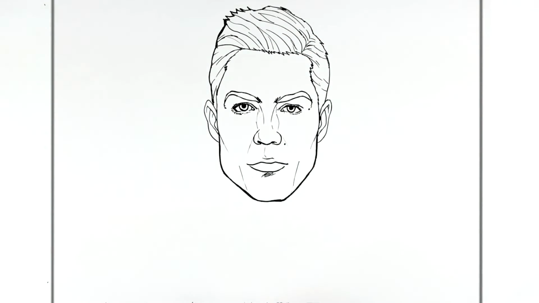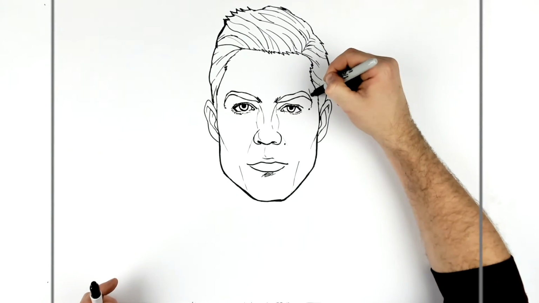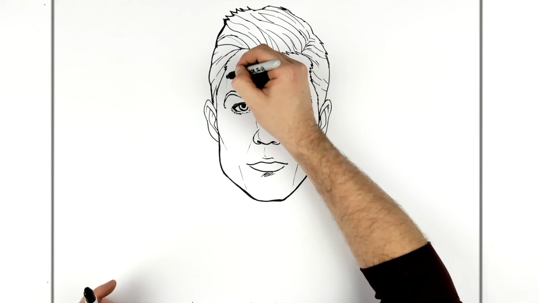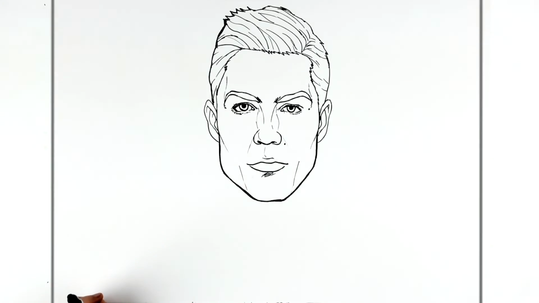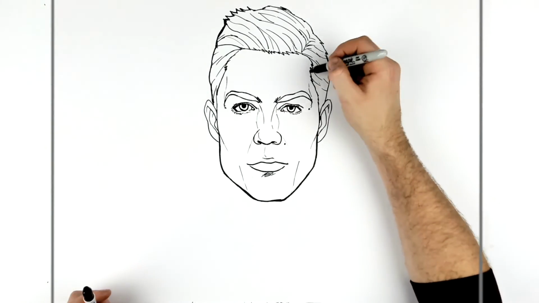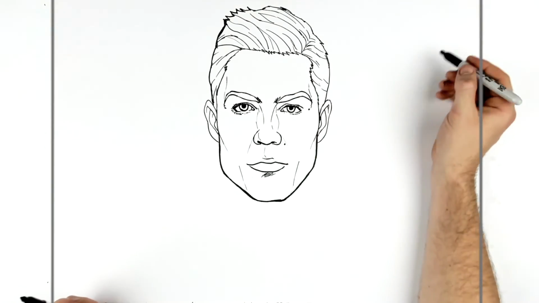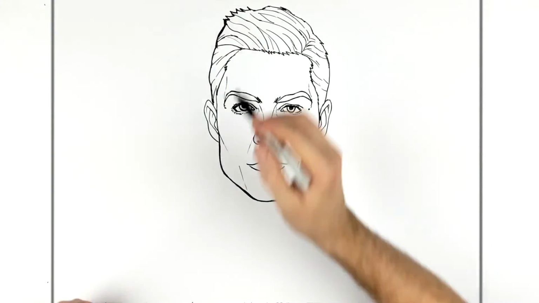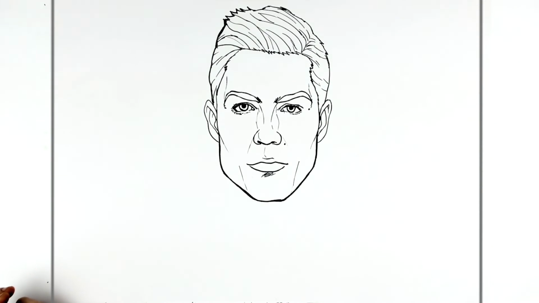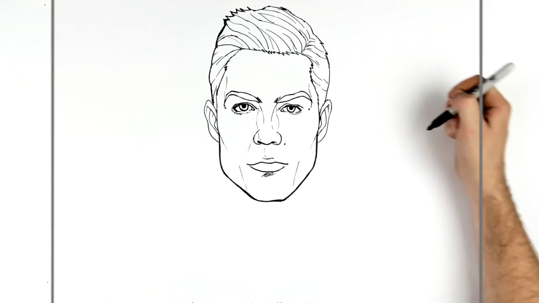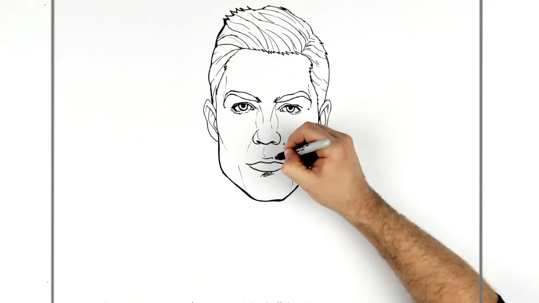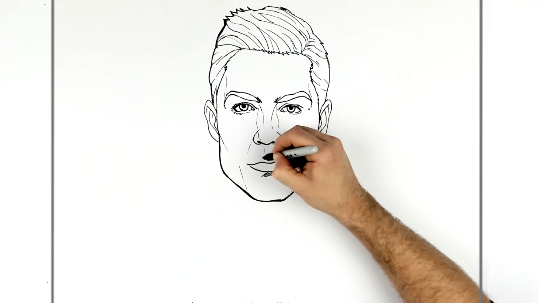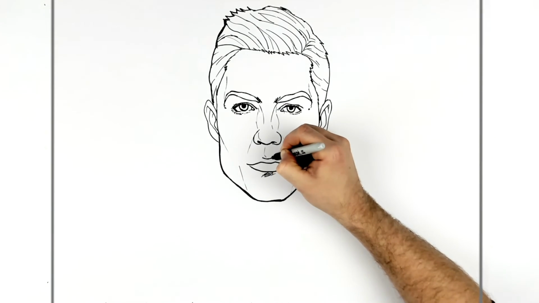Debating whether I want to give him a top lip or not. We've got a line just for his temple, just on the side of his head here. No, but I think it's fine like that. Maybe a top lip. I can erase it. I don't know what to do. What do I do? Tell me what to do. Okay, so we'll give him a bit of a pointy top lip here.